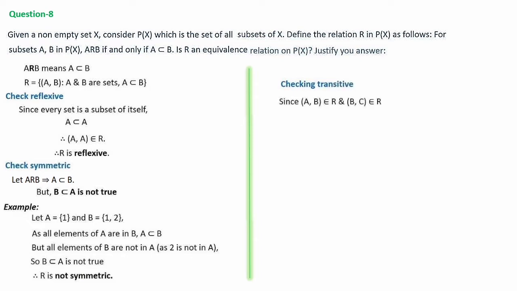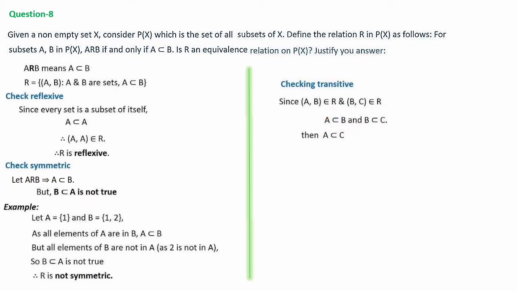Checking the transitiveness: (A, B) an element of R and (B, C) an element of R means A is a subset of B as well as B is a subset of C. So clearly we can say that A is a subset of C as well. You can take an example and check if you have difficulty understanding.